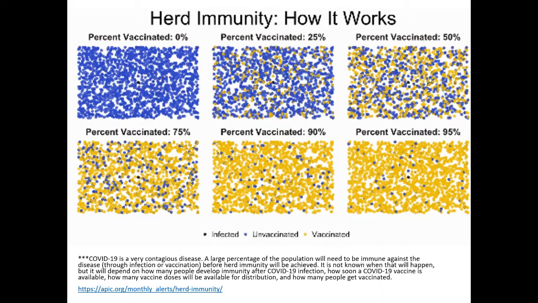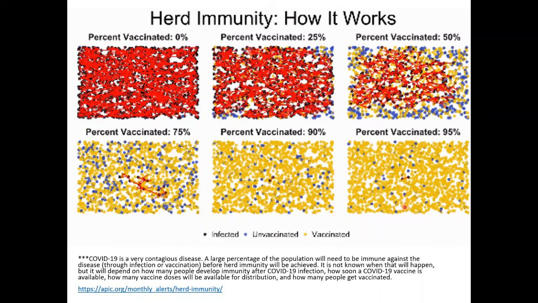Again, let me point out what exactly is happening here. So this person becomes infected, they are unvaccinated, they interact with another individual because they are closer than 6 feet, they touch each other, they hug them, whatever. And so this next unvaccinated individual is going to become sick, but all of the people around that person happen to be vaccinated.